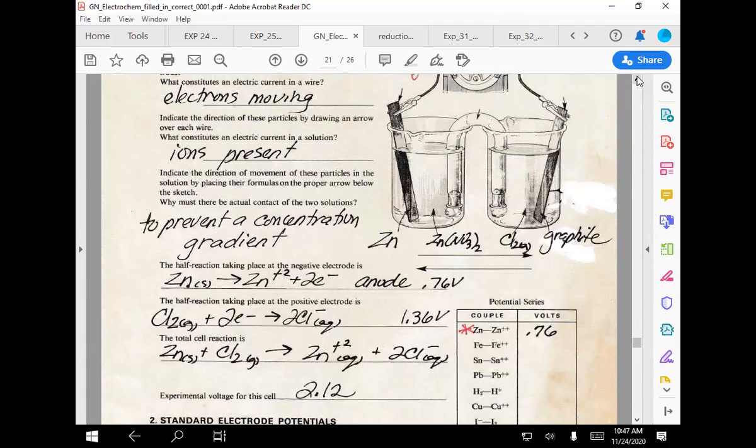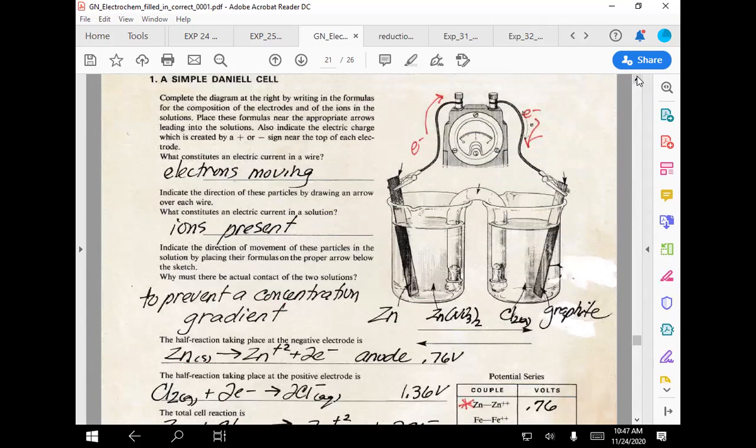Okay, so this is looking at a nice diagram and just trying to get an idea of the terminology given the information. And so we're just answering questions. What constitutes an electric current in a wire? Electrons moving. And in a solution, you'd have ions present.